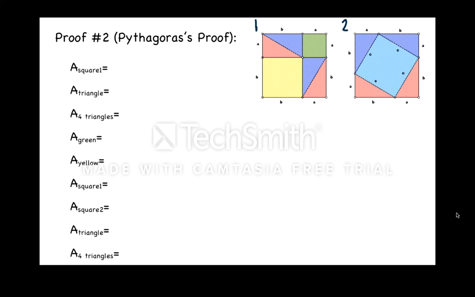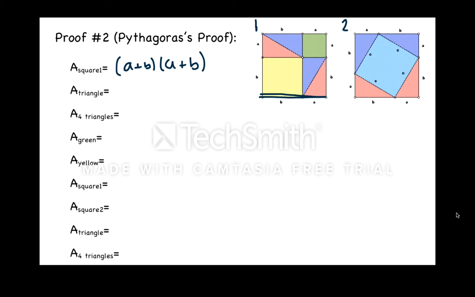So first we're going to find the area of square 1. Once again, I need to know the length of this whole side, which would be a plus b. So the area of square 1 is a plus b times a plus b. Now let's look at a triangle.